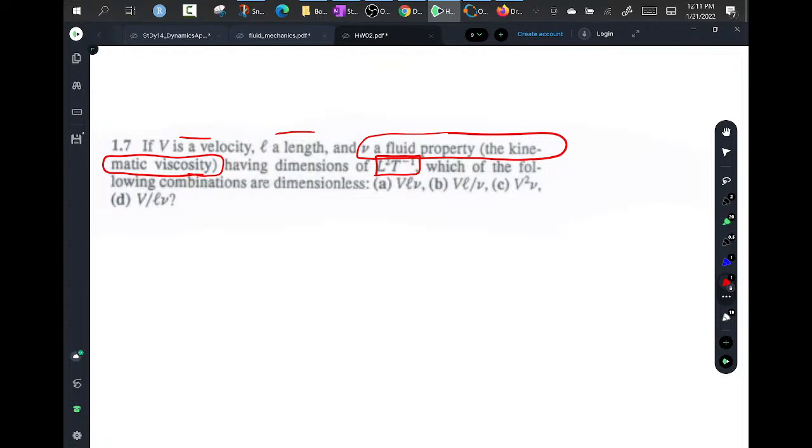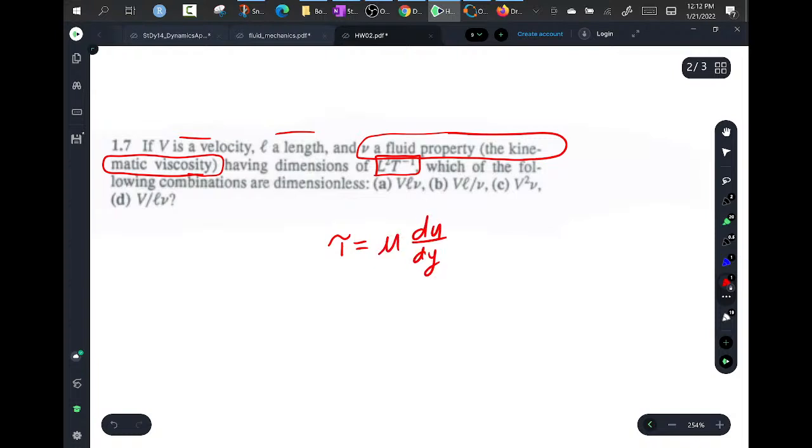Okay, first of all, the way I always remember this, if you're in a pinch and you don't have anything to look at, I remember the equation looks like this. This is a standard equation, which is the stress is equal to viscosity times the strain rate.